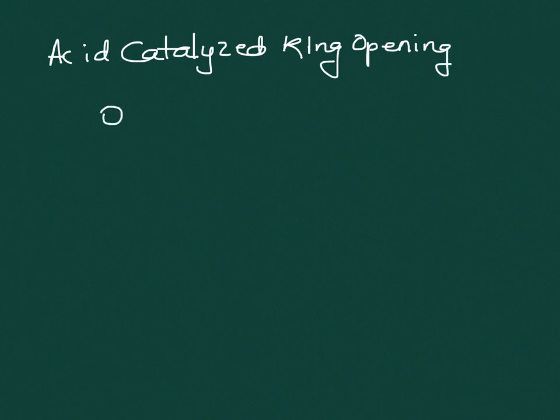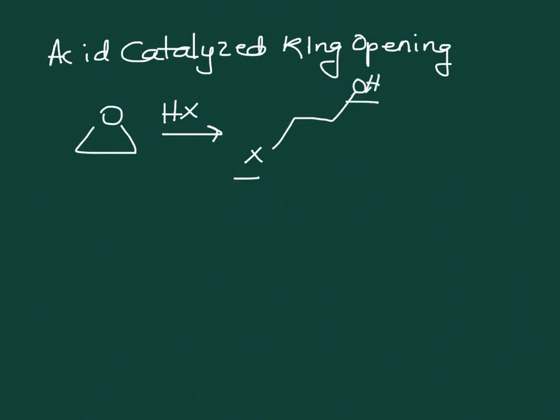Okay, so here we have our ethylene oxide. We treat it with HX. And we have an alcohol and a halogen. So let's look at the mechanism of this reaction.